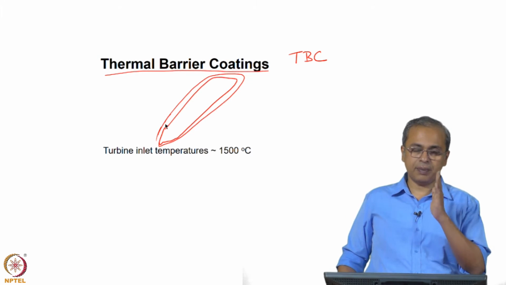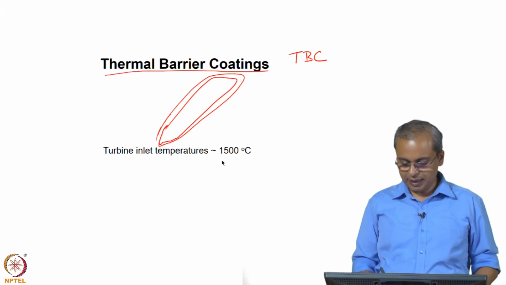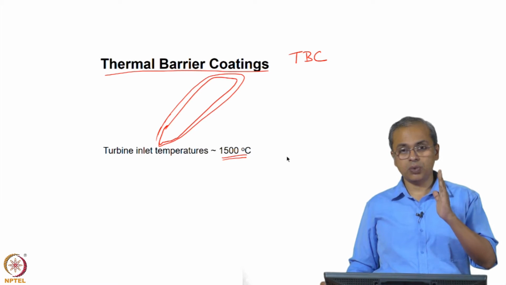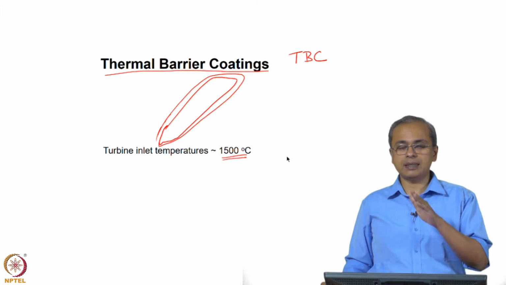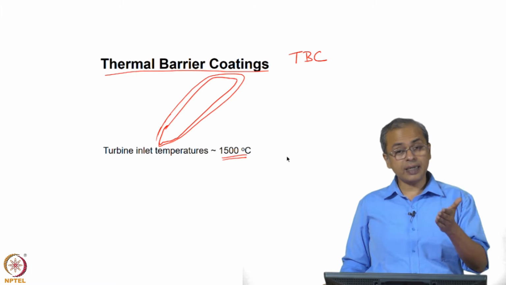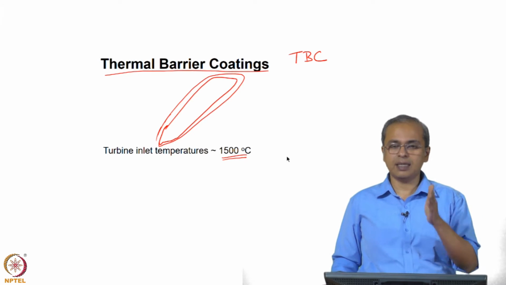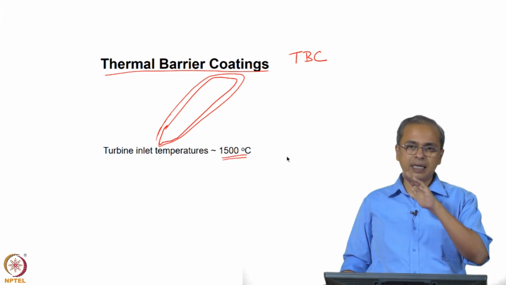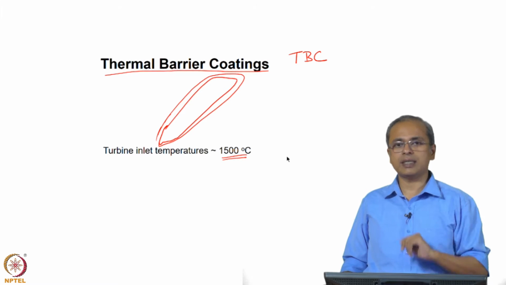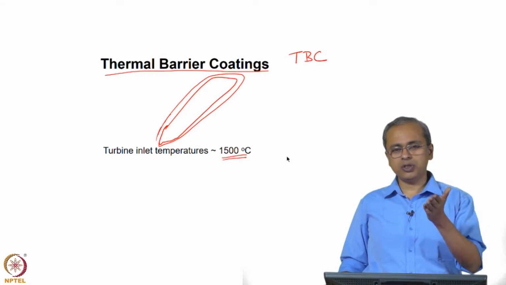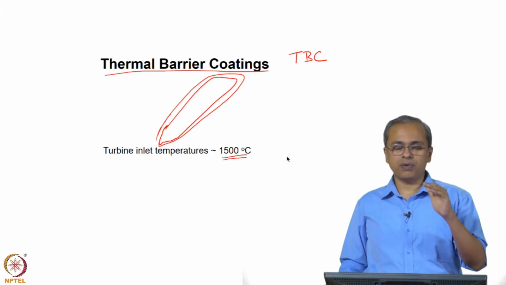The incoming gases are typically very hot. You can see temperatures of the order of 1500 degrees C, and even though you have materials that can handle high temperatures, they deteriorate fast under those conditions. So, thermal barrier coatings are one additional layer of coating that is put on top of this turbine blade, which ensures that it takes the brunt of the high temperature.